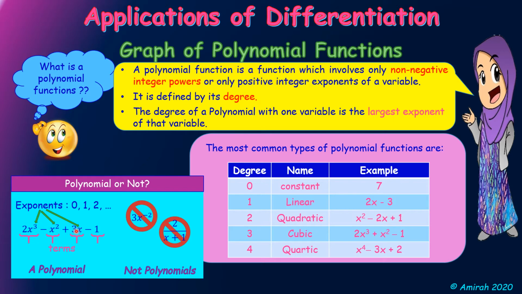But for 3x to the power of negative 2 and 2 over x plus 1, these are not polynomial functions because they contain negative powers. And for this syllabus, we are focused on cubic and sometimes quartic functions.